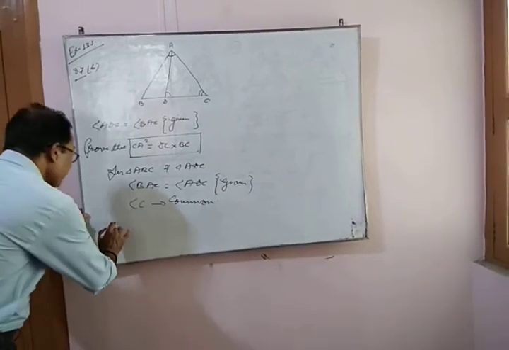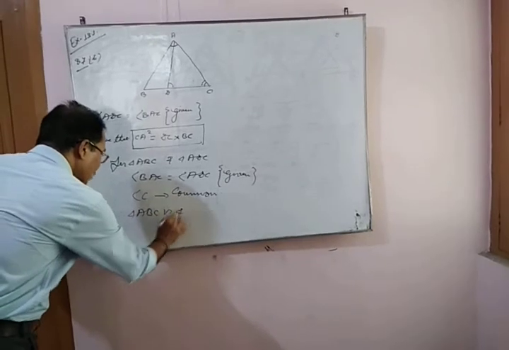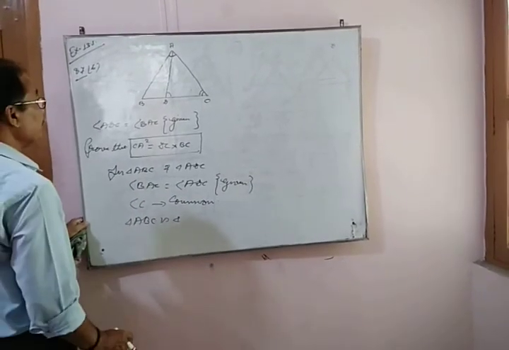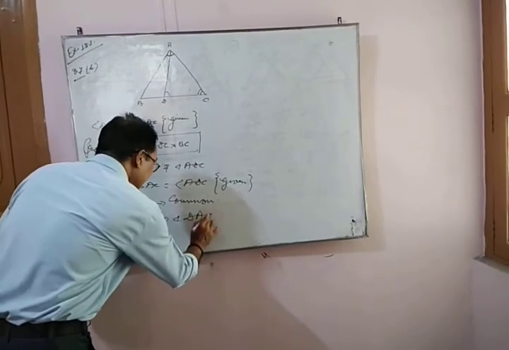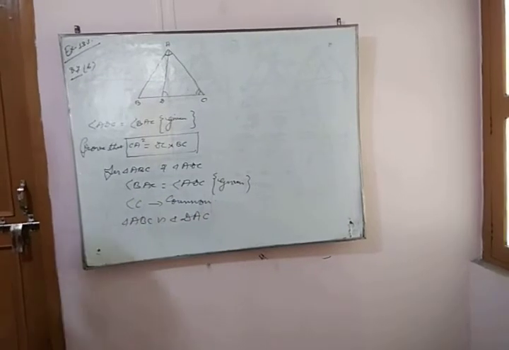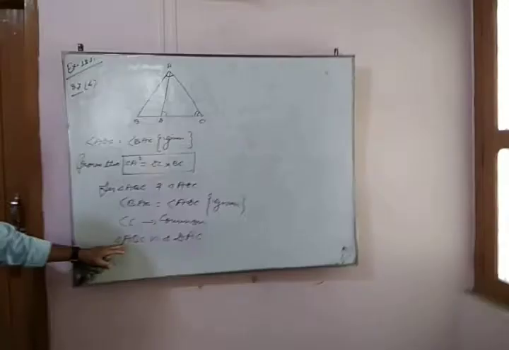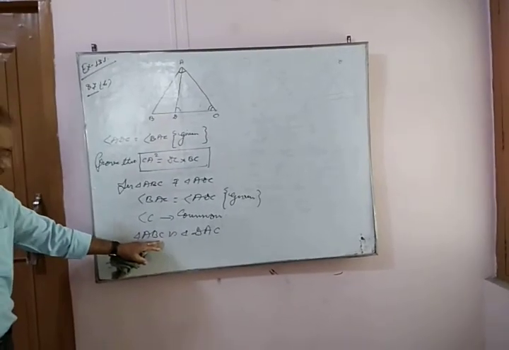This is why triangle ABC is similar to triangle DAC. You see the diagram. In triangle ABC, these are the vertices and the angles of the triangle.